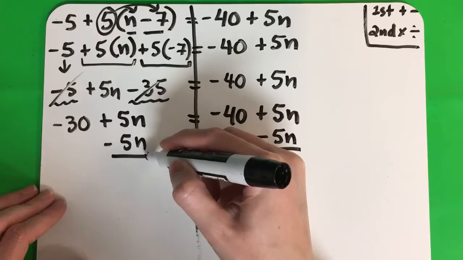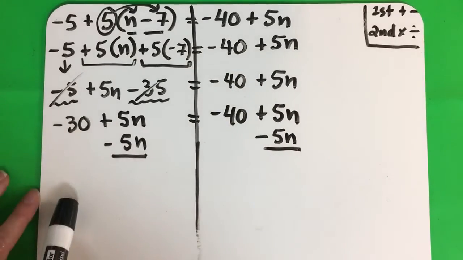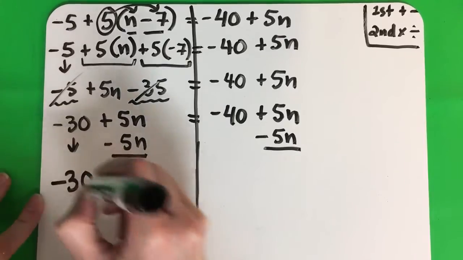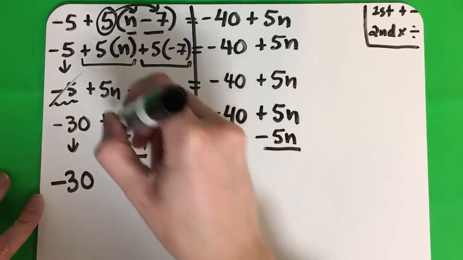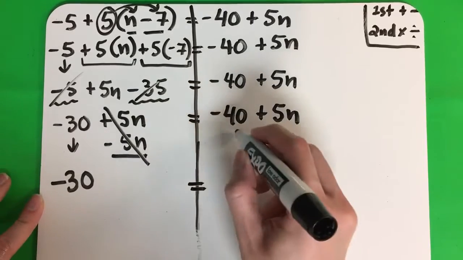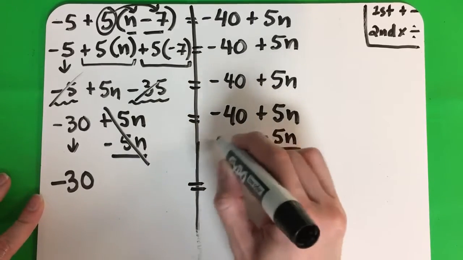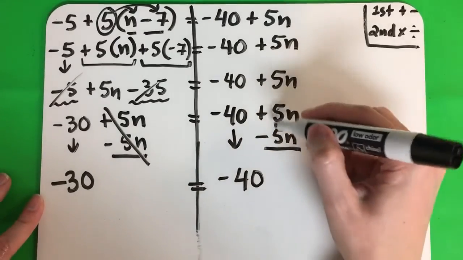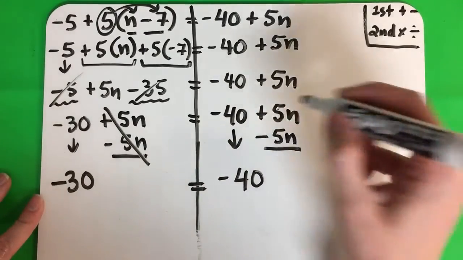N con n. Here there's nothing. Copy. Aquí no hay nada. Copy. 5 minus 5 is 0. 5 menos 5 es 0. Equals. Here there's nothing. Copy. Aquí no hay nada. Copy. 5 minus 5, 0.